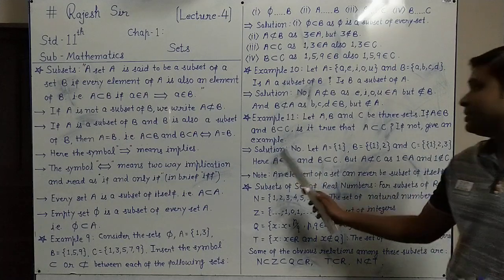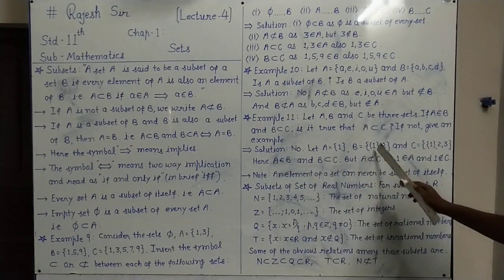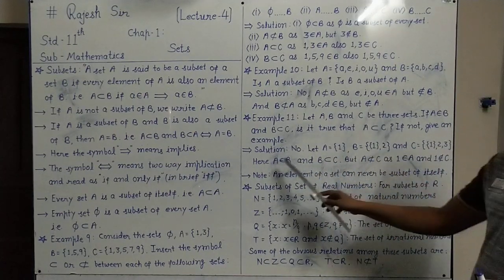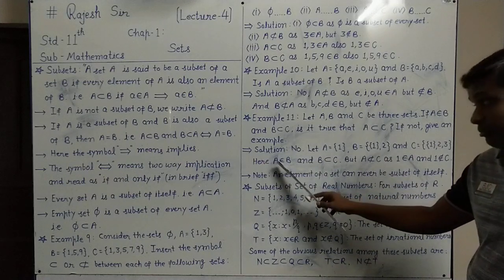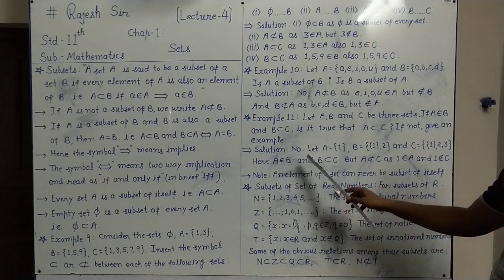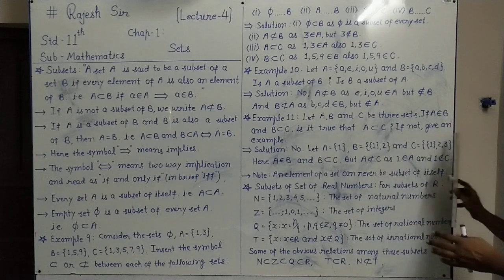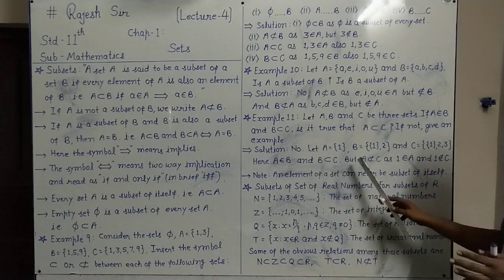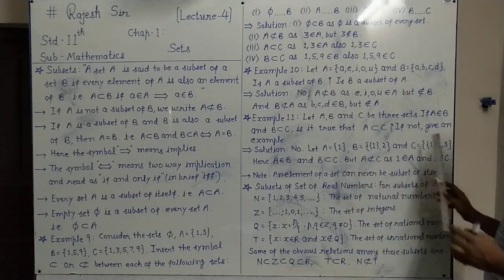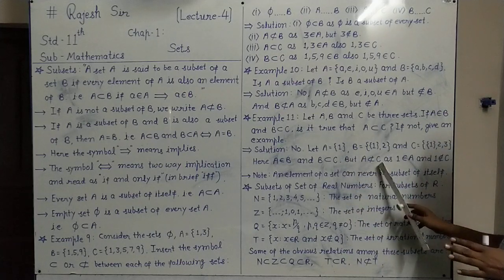Now here you can see, as set 1 is an element of b, a belongs to b, and every element of b is in c, so b is a subset of c. But then also a is not a subset of c. Why?